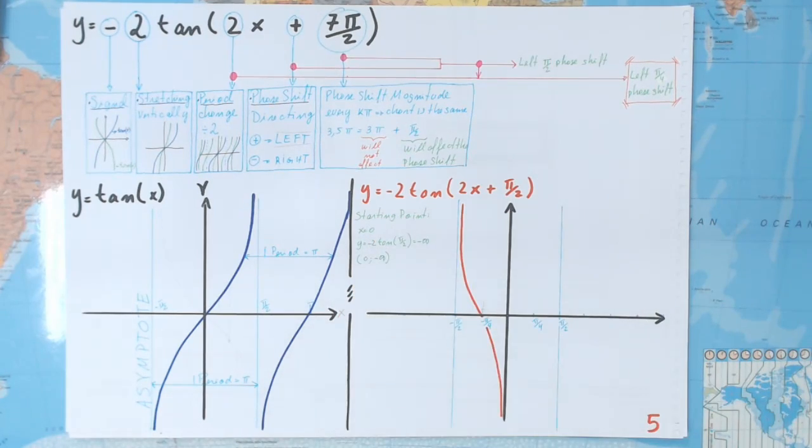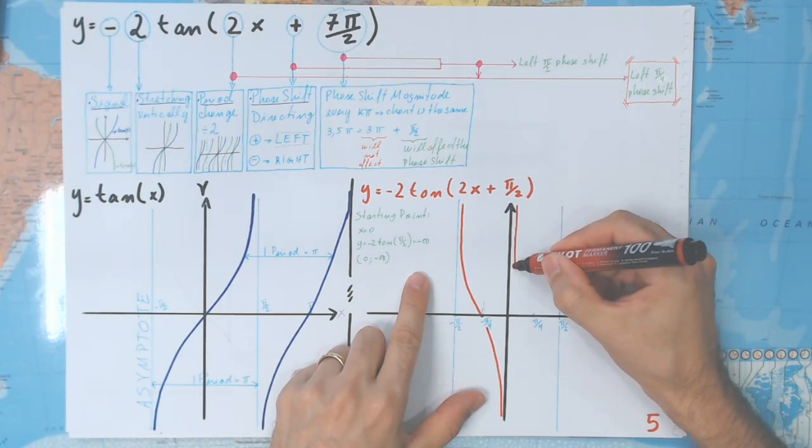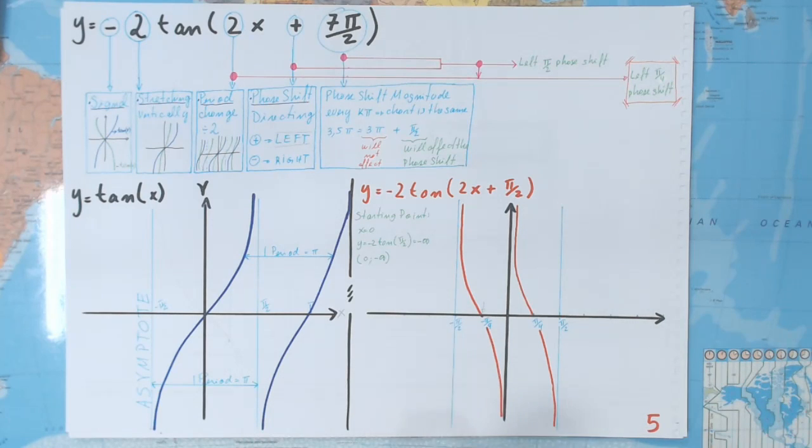Okay, and now our chart is going to be the same as this one, but now we're going to start in here, and something like this. And again, every pi over 2 we're going to do. And why every pi over 2? Something I didn't write.